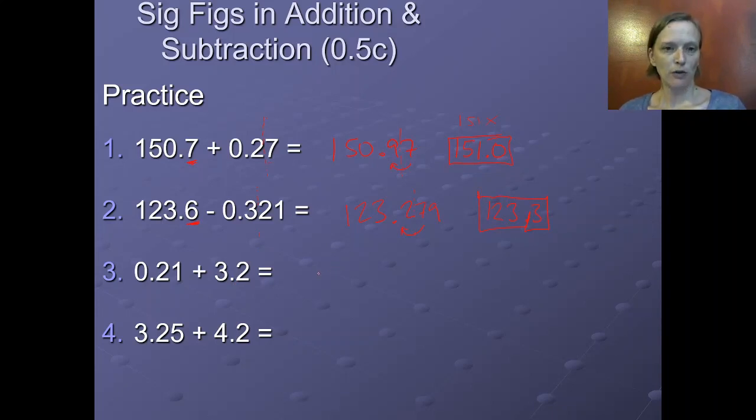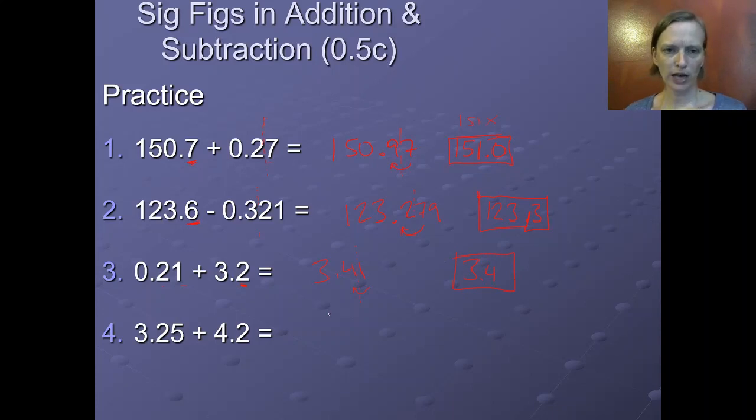Question 3, if you plug it into your calculator, you get 3.41, but since this number has 2 decimal places, but this number only has 1, therefore my final answer can only have 1 decimal place. And this time I don't round up, I just have a final answer of 3.4.